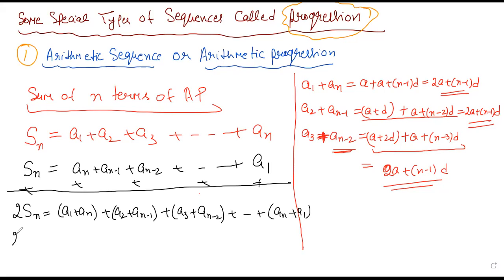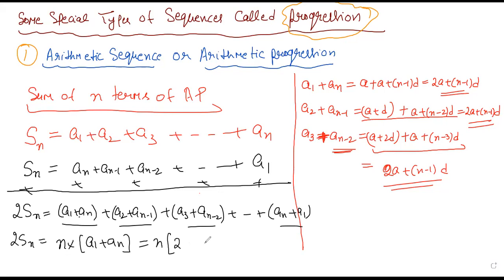Students, I just told you that the sum of the terms equidistant from the beginning and the end will be the same. So a1 plus an will be the same as a2 plus a(n-1), and all will be the same. So how many pairs? n pairs. So n into the same. Write the first one, since the sum of each pair will be the same. So here is n, and what is a1 plus an?